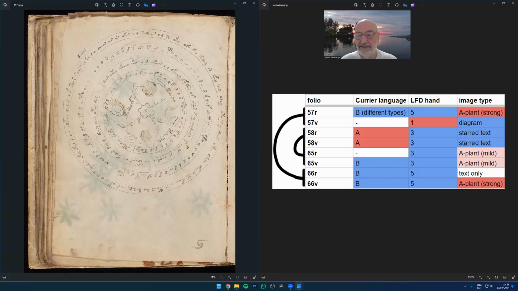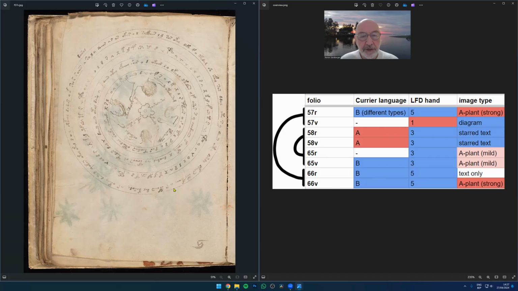Yes. So this one has been, Lisa says, Scribe 1, who is the scribe of herbal A. And the weird thing about that, I made a diagram here. I made it blue for B, because all or most other circular diagrams are by Scribe 4, who writes in the B language. And here we get a circular diagram in the mostly A language, you say, by Scribe 1.